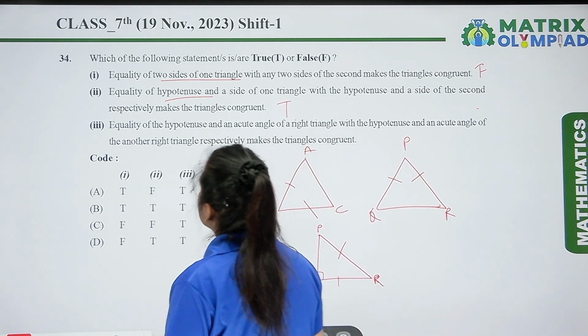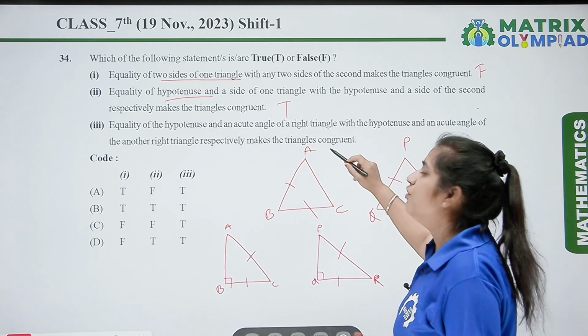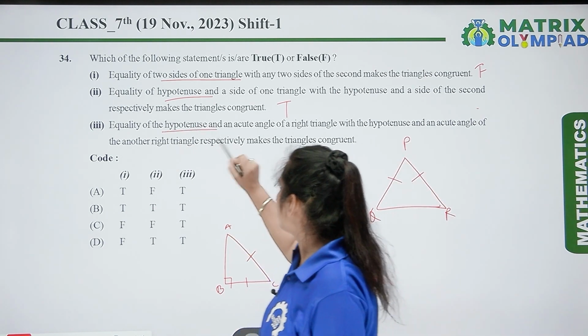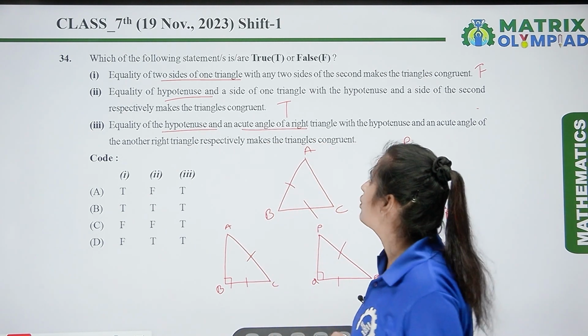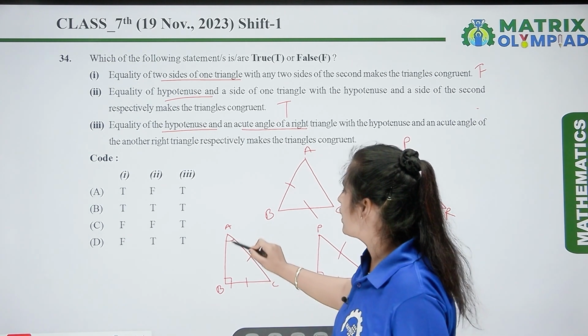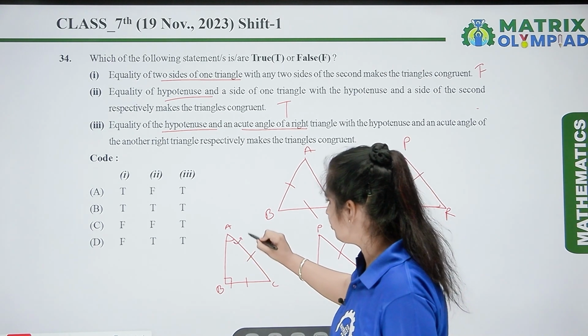The next one is equality of hypotenuse and the acute angle of a right triangle. So here hypotenuse and the acute angle of a right triangle. It means angle is right and one angle is acute, means less than 90 degree.